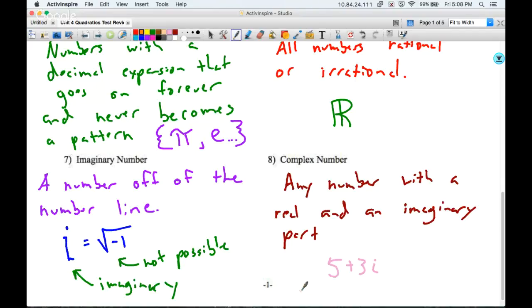This has the real part 5 and the imaginary part 3i. And all numbers can be thought of as complex numbers because you could just have 0i added on to the end and it would still be of this form, a plus bi.